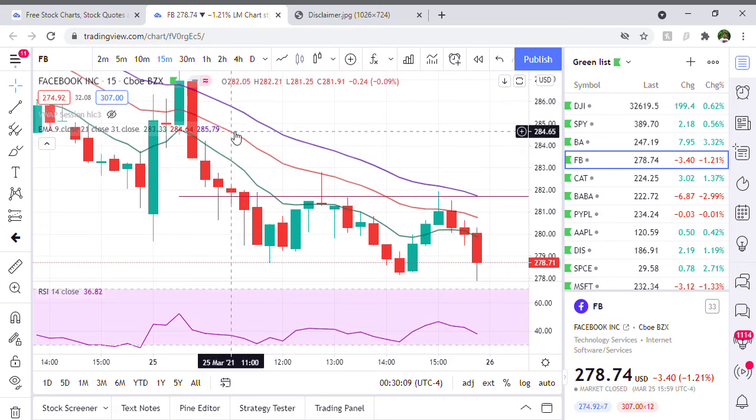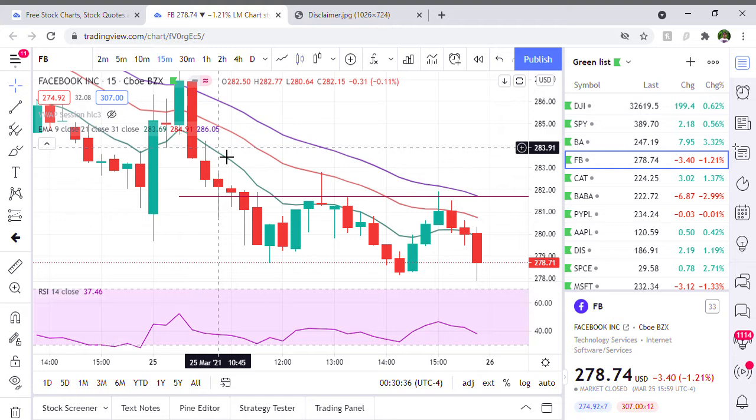The red one is the 21 EMA, and the blue one is the baseline 31 EMA. So the 9 EMA, the fast EMA, is below my medium EMA, and the medium EMA is below my base EMA or slow EMA. Okay, so these three lines in this particular order are a real confirmation of a bearish trade.